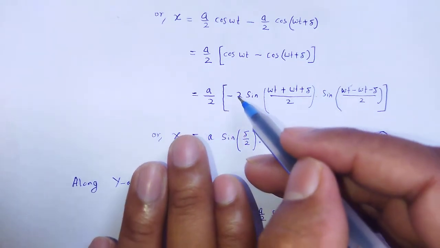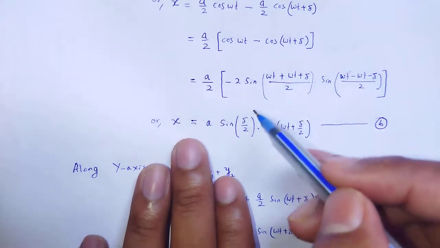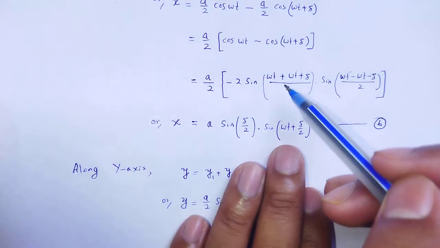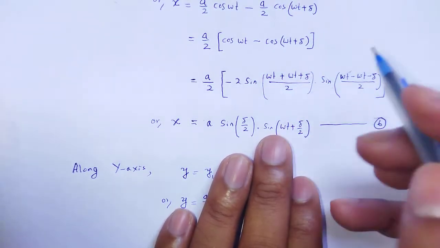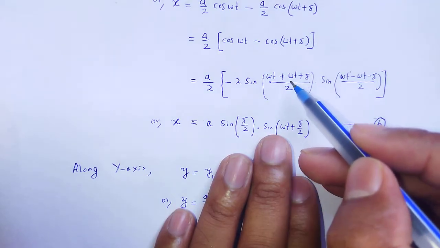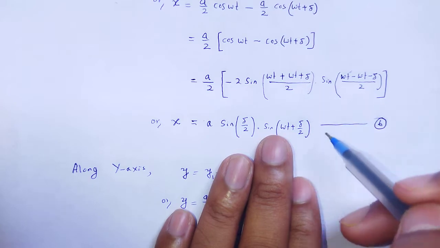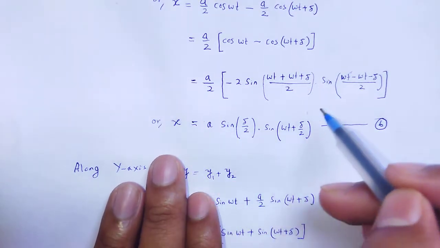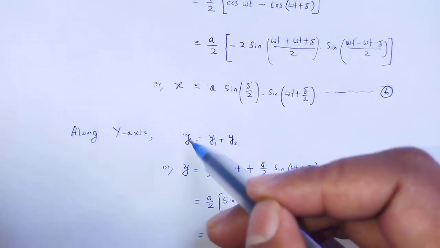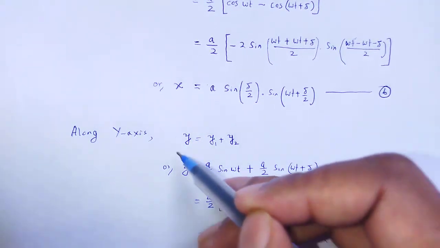So that minus and that minus become plus, and here 2 cancelled out. So a sin delta by 2, that expression as omega t plus omega t, 2 omega t plus delta. So 2 omega t divided by 2, that is omega t plus delta by 2. So x is now evaluated.